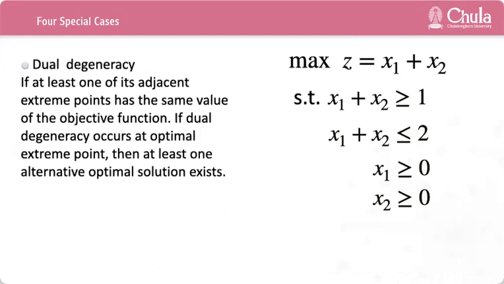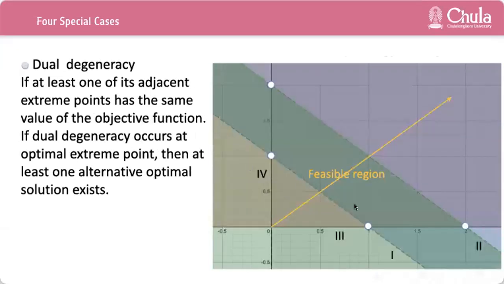And the other thing is dual degeneracy. For dual degeneracy, at least one of its adjacent extreme points has the same value of the objective function. In dual degeneracy, it's much easier to explain using a graph. So for example, we graph this, and this is our feasible region.